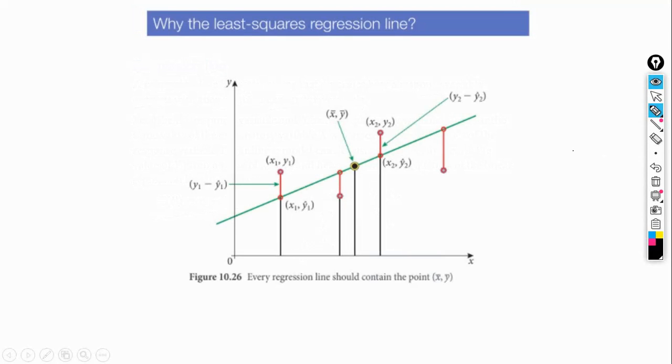So why the least squares regression line? Let's take a look at this example. The first thing to notice here is that the line of regression goes through the point x bar, y bar, which is the average for x and the average for y. So this graph represents a few points in a data set. As you can see, these would be the points in the data set.